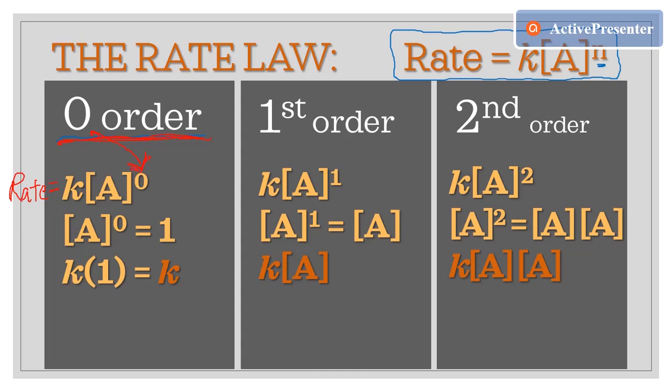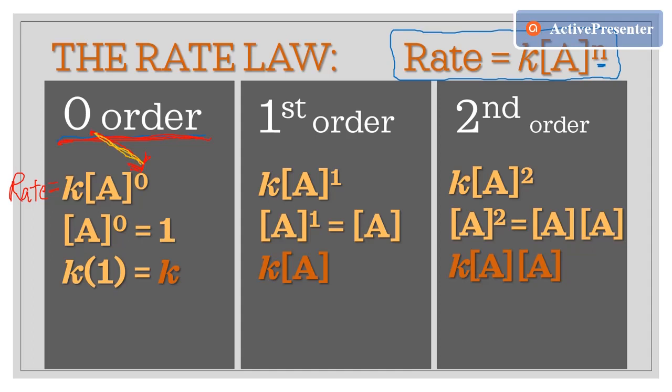If you don't know how to determine which order the reactants are in, go back and watch my part 1 video, because I break it down a lot easier and in a lot more detail, and it's only about 20 minutes long.